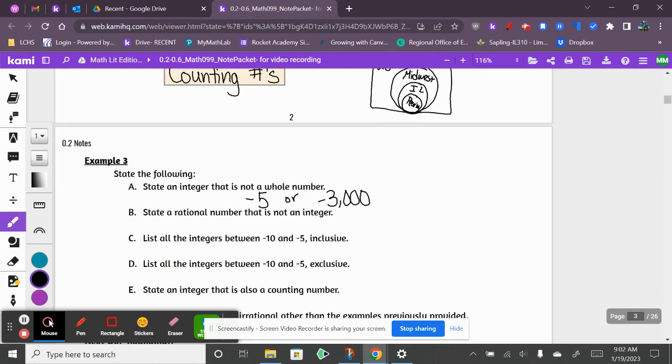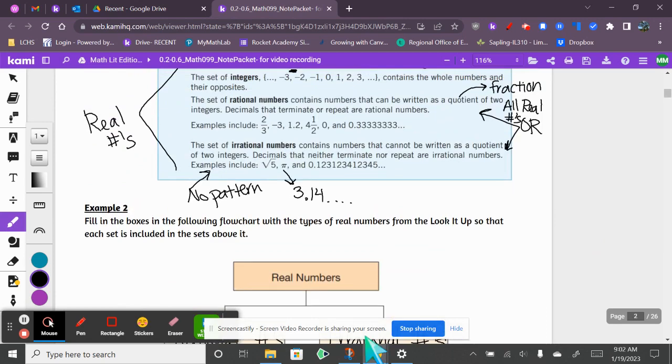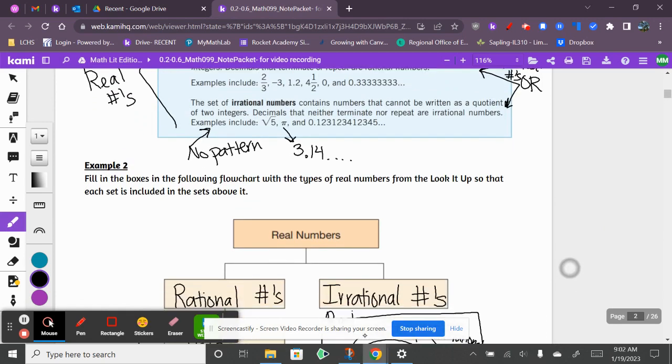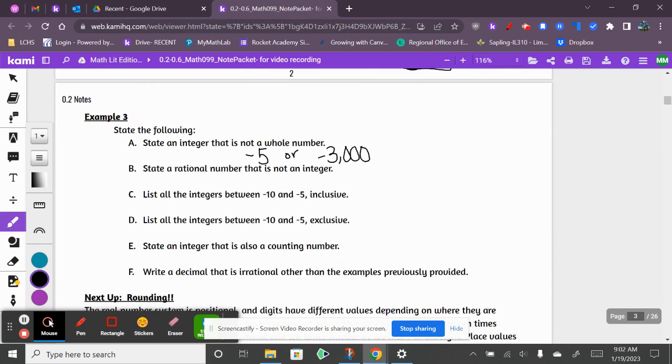A rational number that is not an integer. A rational number can be written as a quotient, which means a fraction, but we don't want it to be an integer. So we wouldn't want 4/2 because that could also be written as 2. That wouldn't help us. But if we did something like 2/3 or -1/2, those would work.